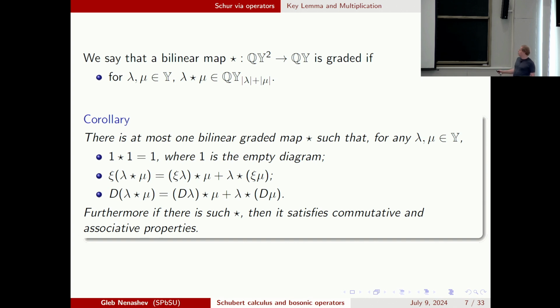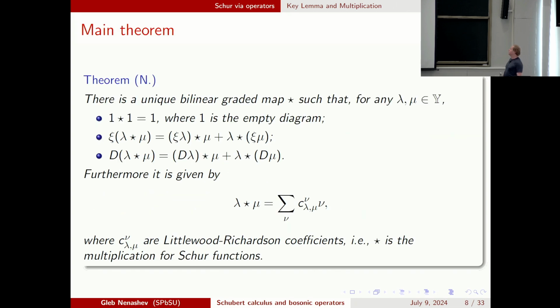And also two more properties for Xi and D: that this multiplication satisfies the Leibniz rule. Okay, and from the lemma it's immediate that there is at most one multiplication map, but in fact there is exactly one, and its coefficients will be the Littlewood-Richardson coefficients.